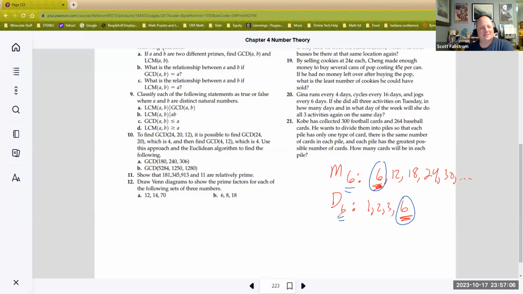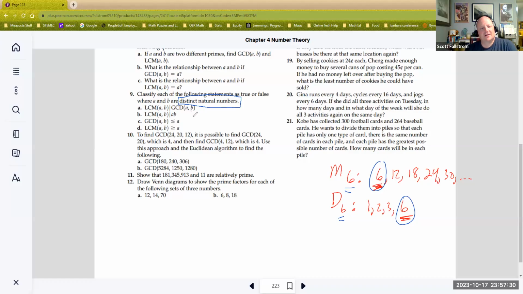So is it possible? That is certainly possible. But again, now we're talking about two numbers, and it does say they have to be distinct natural numbers. So if they are distinct, that means they're not the same number. Then the GCD will have to be something that divides both of them, but it has to divide the smaller one.